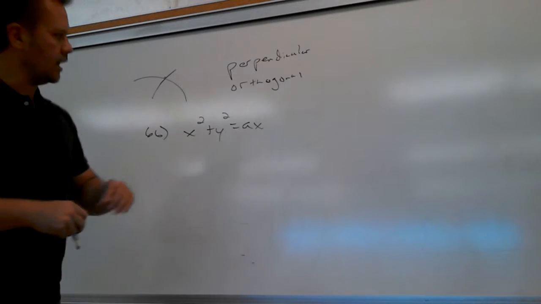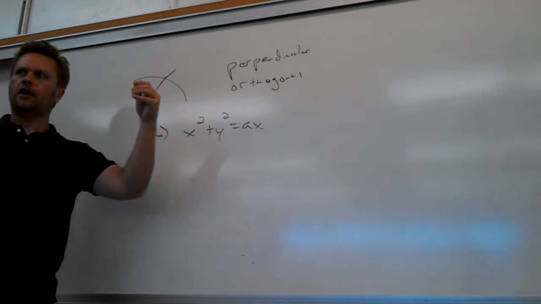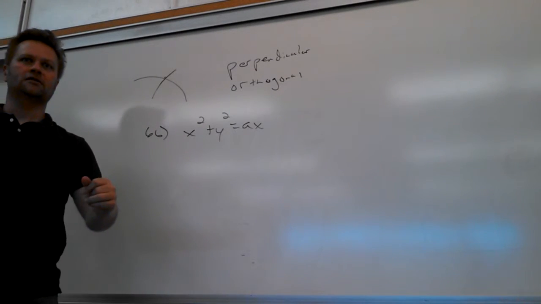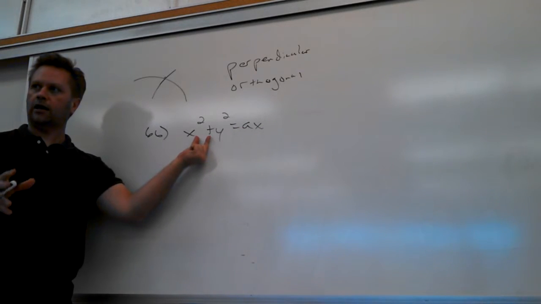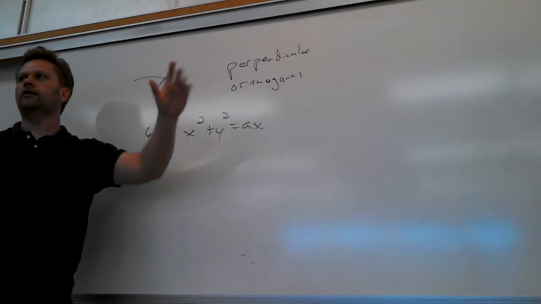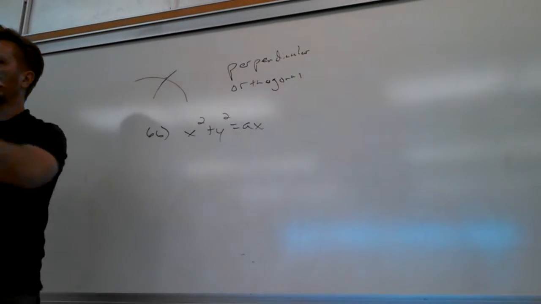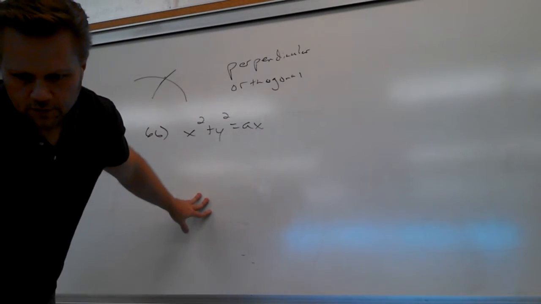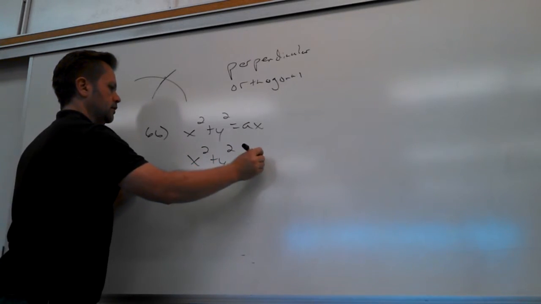Can somebody tell me what that would be if I drew it? A circle, and its center is not what? 0, 0. Is not the origin. I love it, because if I pull that over, I could complete the square. It would be moved somewhere as long as A is not 0, right? Or if A were 0, this would just be actually two lines like that. It's kind of weird. And the other one is x squared plus y squared equals by. I like it.